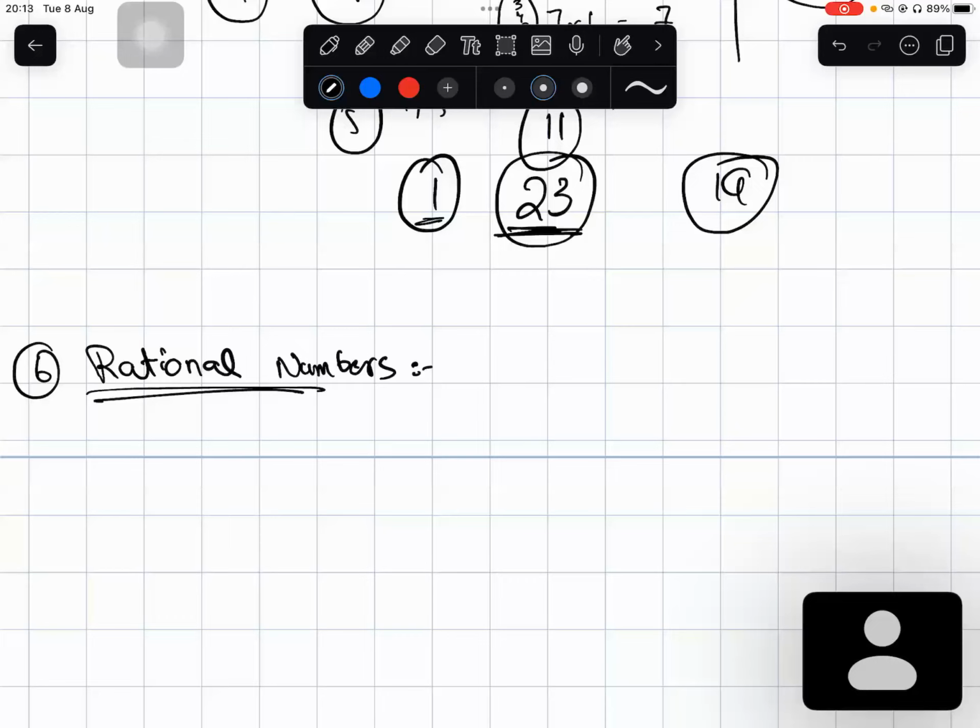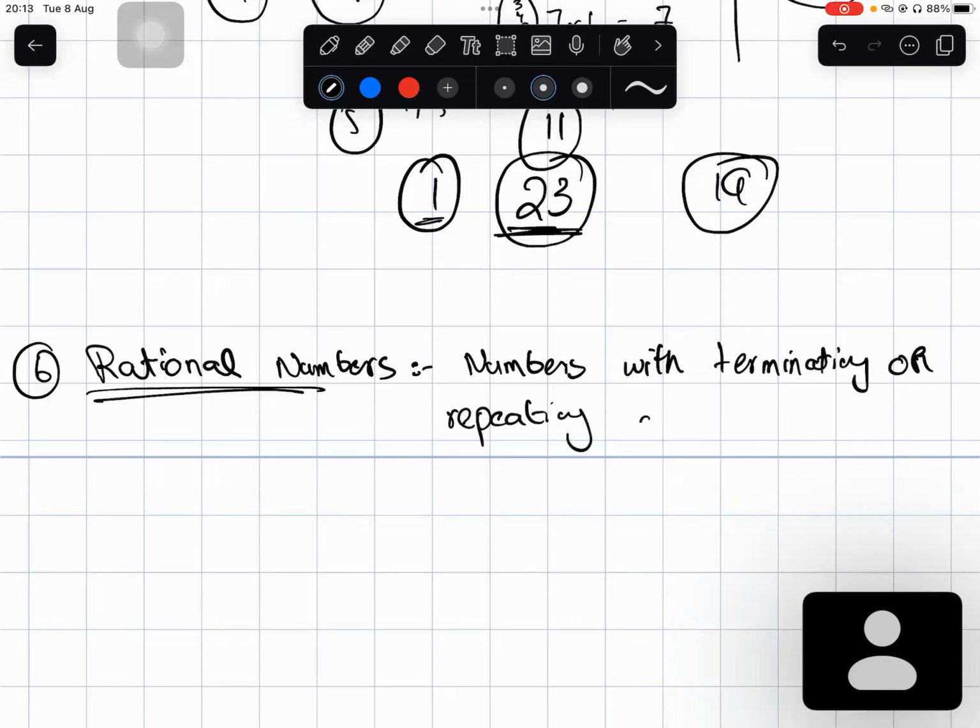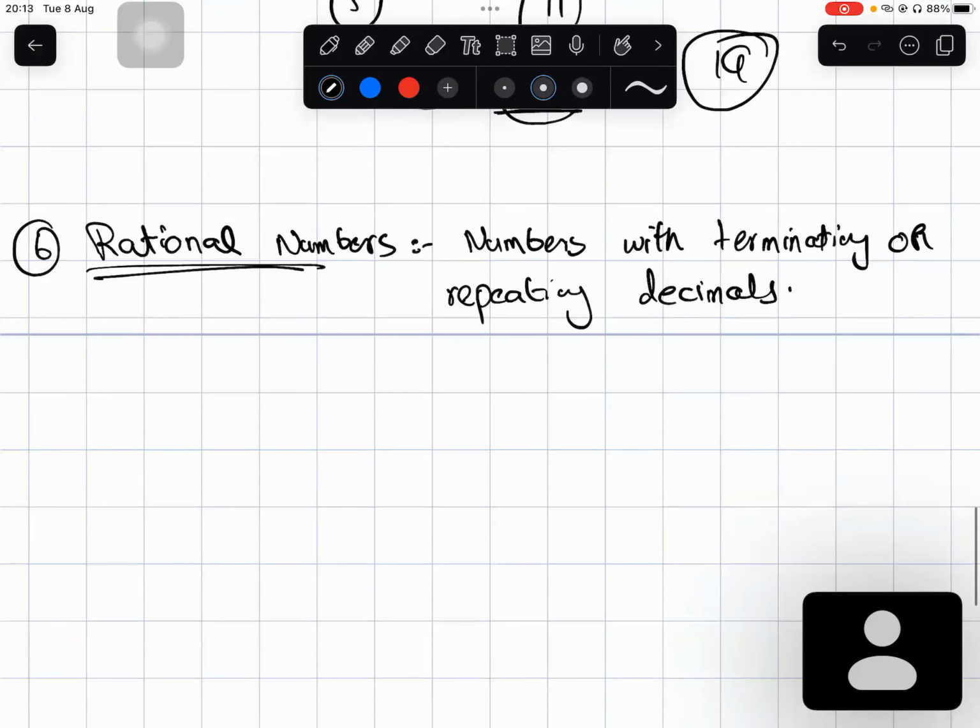Let me first write this so that it's fixed in your memory. Rational numbers: numbers with terminating or repeating decimals, and irrational numbers.